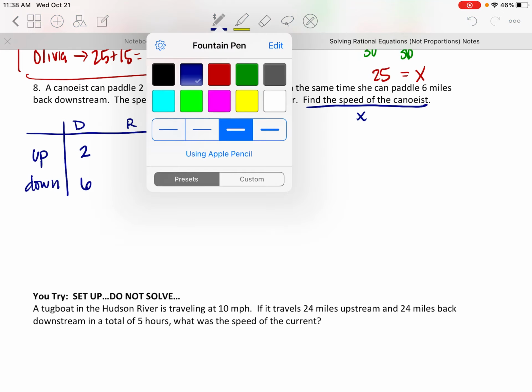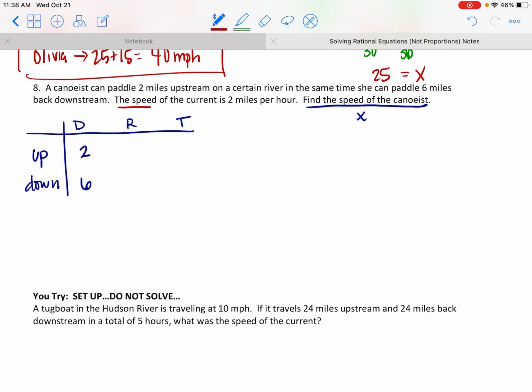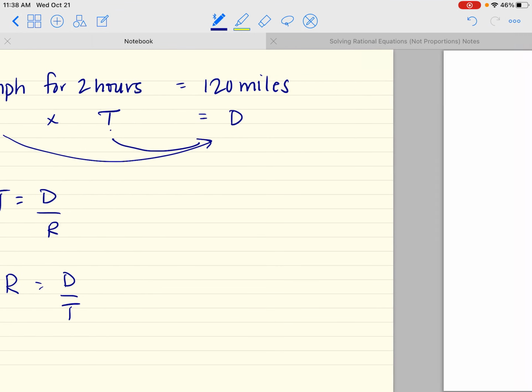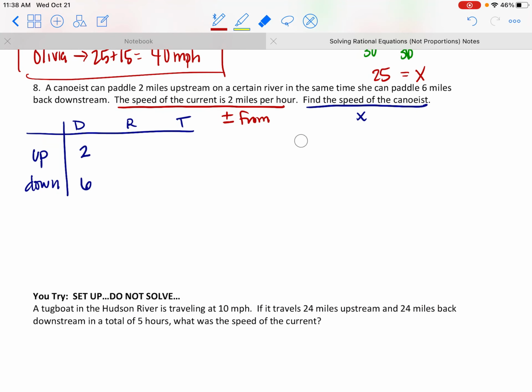So the speed of the current, 2 miles per hour, we add and subtract from whatever the rate is, in this case the person here. Oops, where'd it go? Okay, sorry. Add and subtract from x, whatever the speed is, okay?